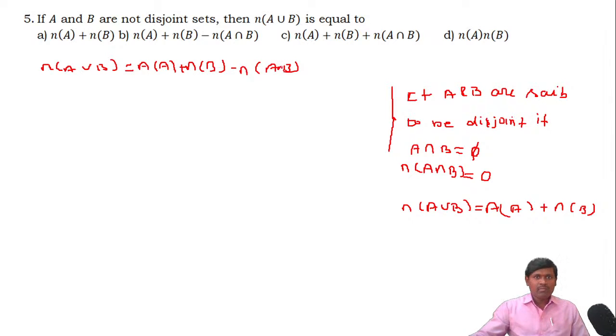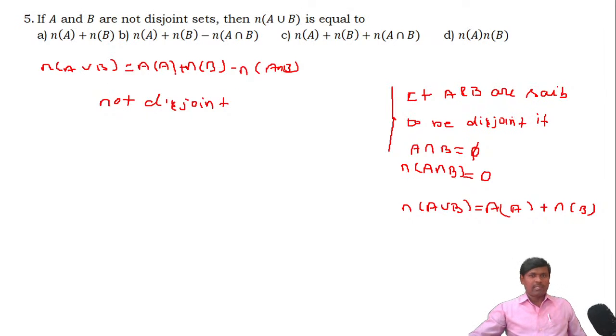If two sets are disjoint, the number of elements in A intersection B is 0, so this becomes 0. So option B is the right answer. We shall move to the next question.